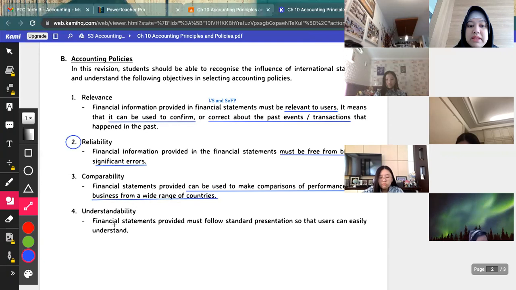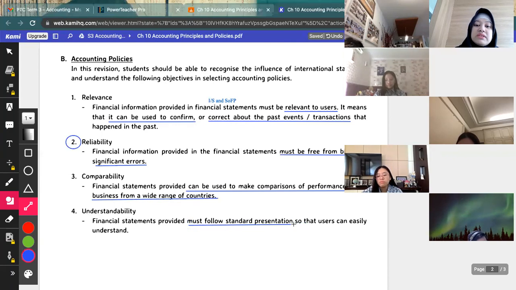That is comparability. Next is understandability. Financial statements provided must follow standard presentation. That is why I tell you, when it comes to financial statements, you have to follow the templates of the income statement and SOFP. That is the major rule. You cannot use your own DIY template for financial statements.